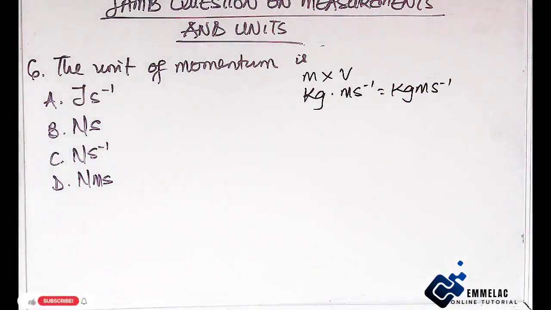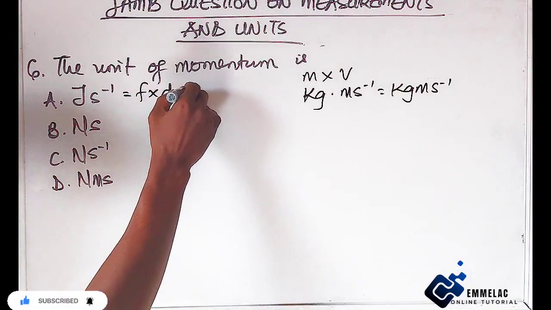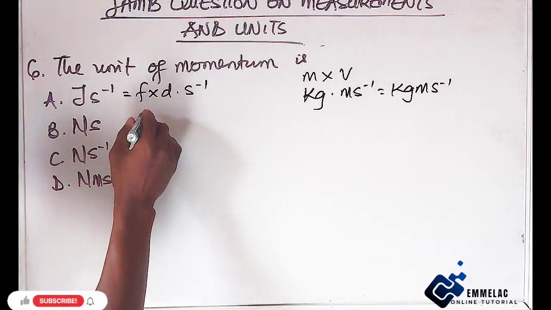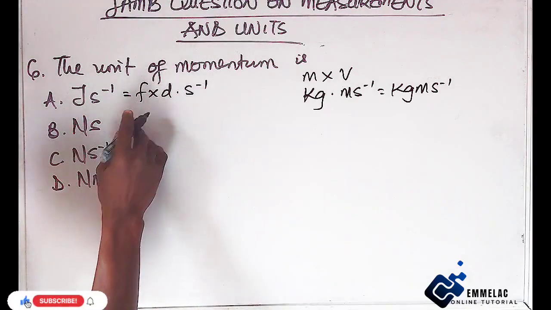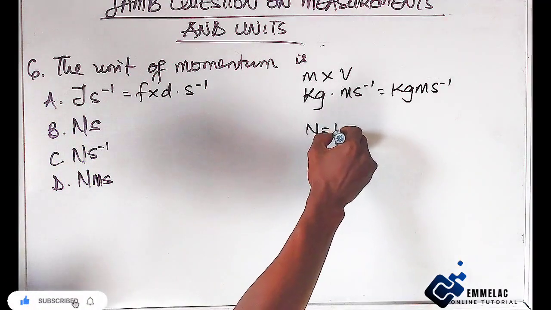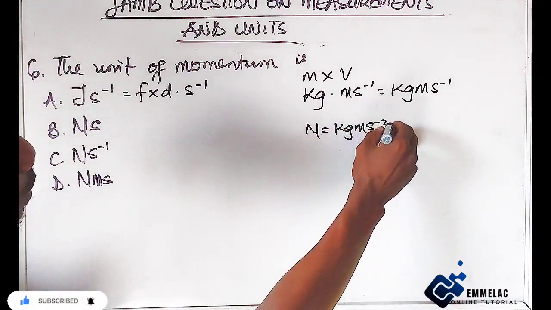Now to this extent, let us split all this. Joules here is actually force times distance. Now we have times seconds, right? So we end up having this, and our Newton in essence is kilogram meter per second square.